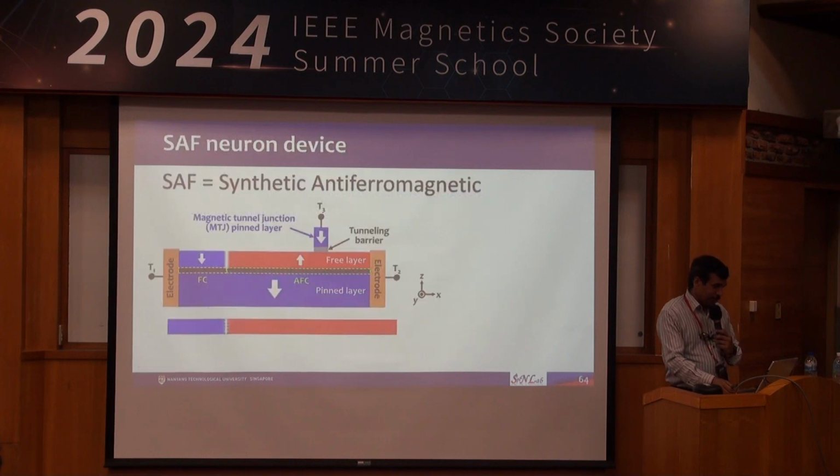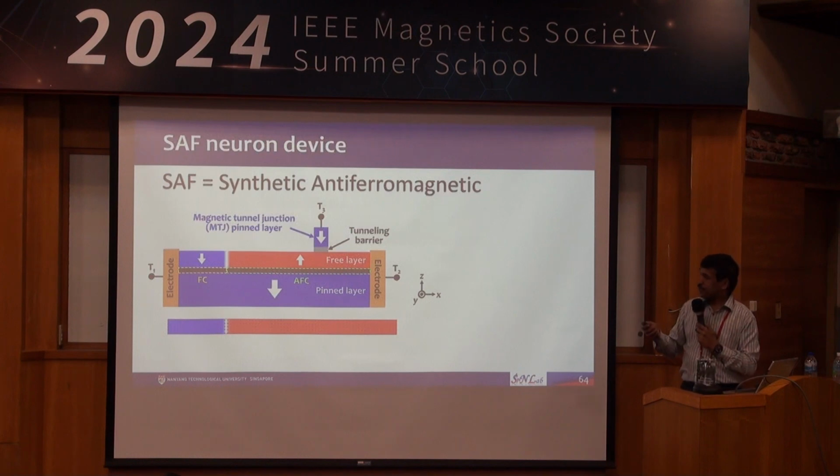There are also other concepts like synthetic antiferromagnetism. One of my students presented a poster on Monday. Here we have the concept of synthetic antiferromagnetic coupling. We have two ferromagnetic layers separated by a ruthenium layer, so there is a synthetic antiferromagnetic coupling. The exchange field always forces the two magnetic layers to be antiparallel to each other.